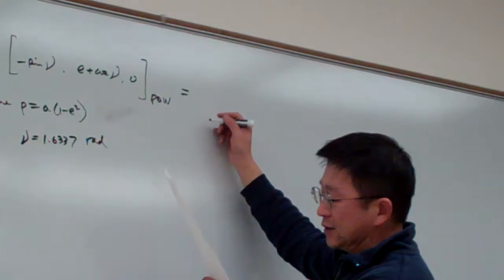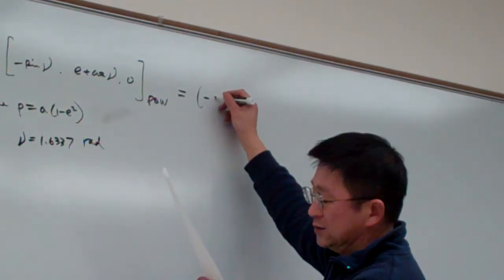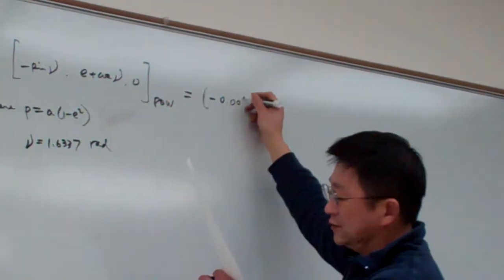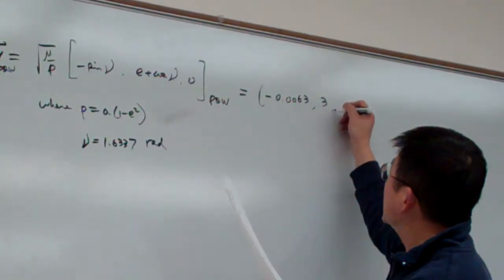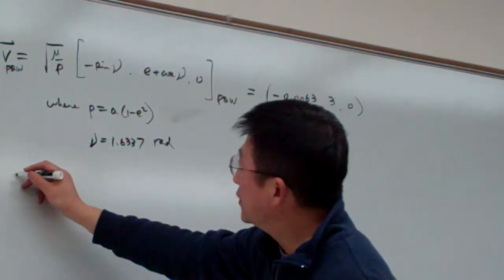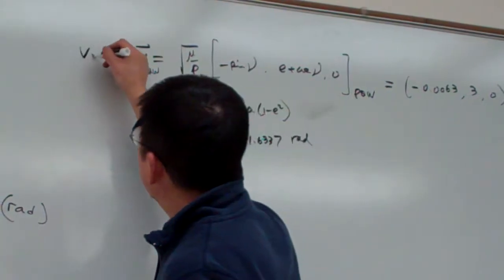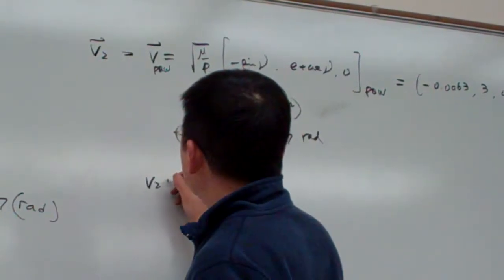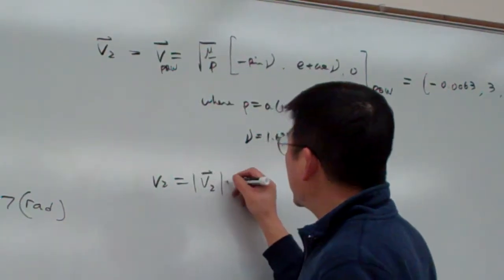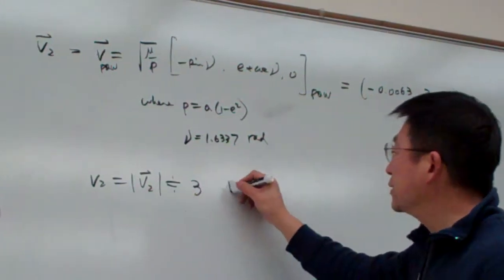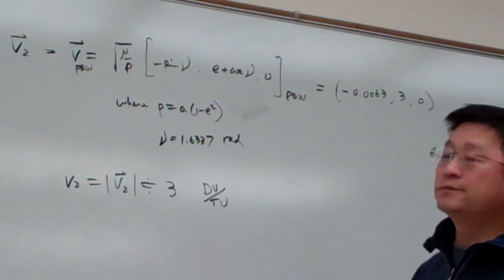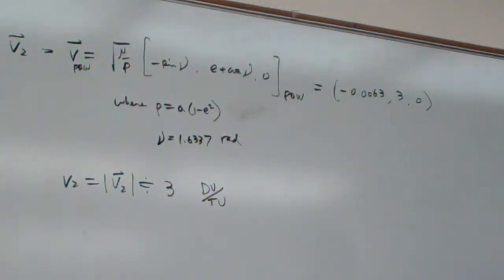So that is minus 0.063, and 3, and 0. So therefore, this is our velocity at point 2. So therefore, v2 is the magnitude there, and that one we can approximate as equal to 3. So that is the solution of these questions here.